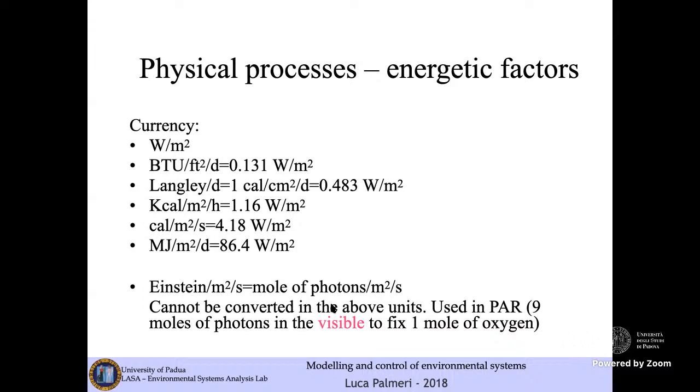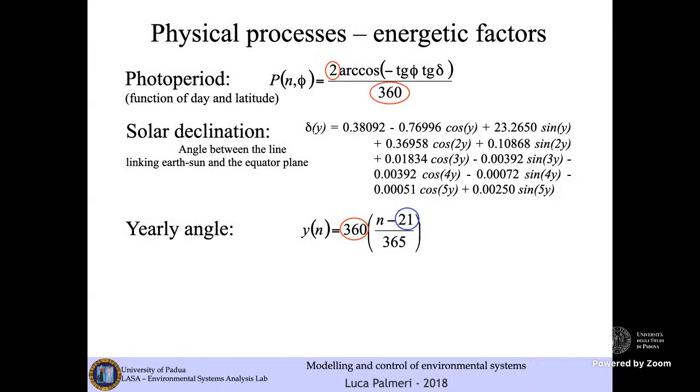So we may say that 9 moles of photons in the visible or ultraviolet range are necessary to fix 1 mole of oxygen. So this currency, the Einstein per square meter per second, is a measure of the energy density flow necessary to fix 1 mole, to produce 1 mole of oxygen.